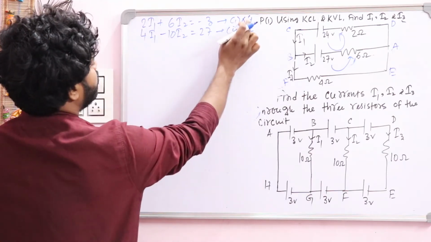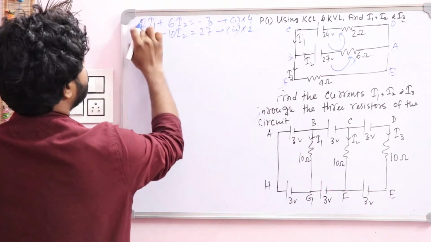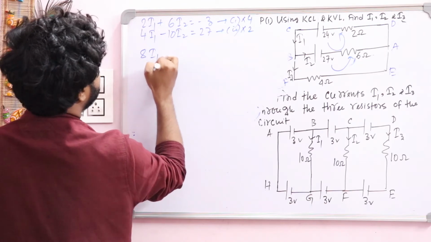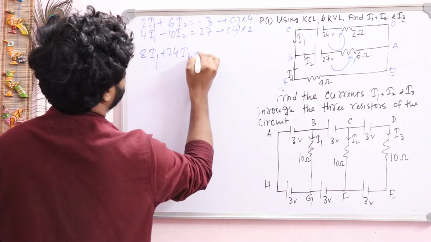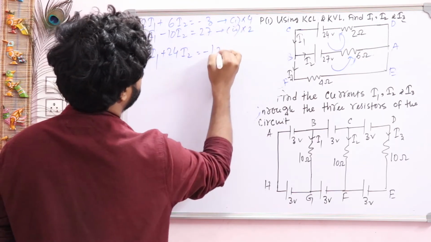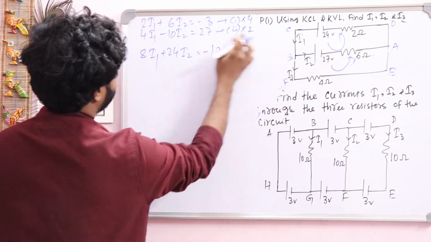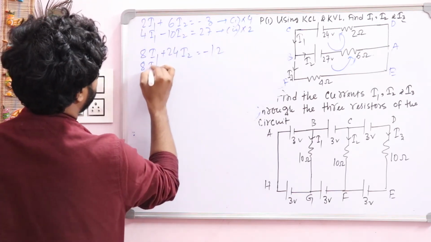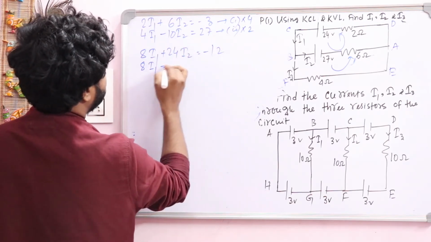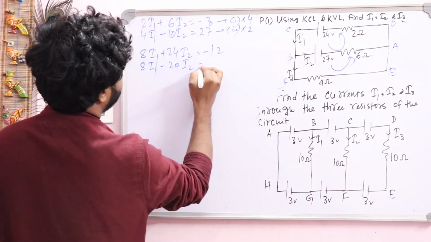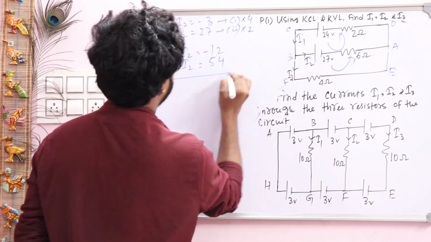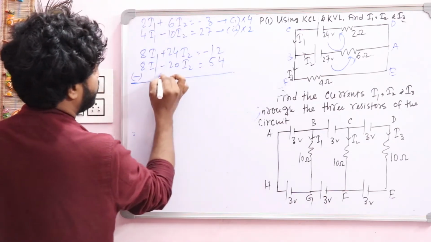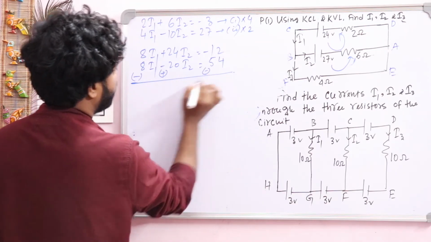So this one will be multiplied with 4. So this one will be 4 into 2, that is 8I1, 4 into 6, that is plus 24I2, that is equal to minus 4 into 3, that is minus 12. Now second one, 2 into 4, that is 8I1, minus 2 into 10, that is minus 20I2, that is 2 into 27, that is 54. Now simplify. This value is negative, you consider this positive, this one is negative.